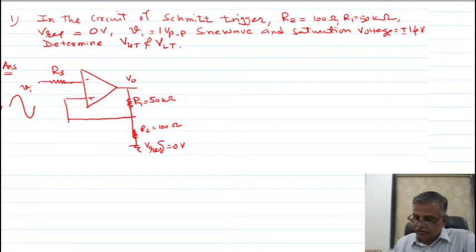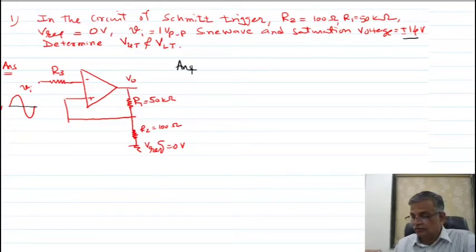The question is: in the circuit of a symmetrical Schmitt trigger, R2 is 100 ohm and R1 is 50 kilo ohm, V reference is 0 volt. Input you apply is 1 volt peak to peak, saturation voltage is plus 14 volt. Calculate VUT and VLT.